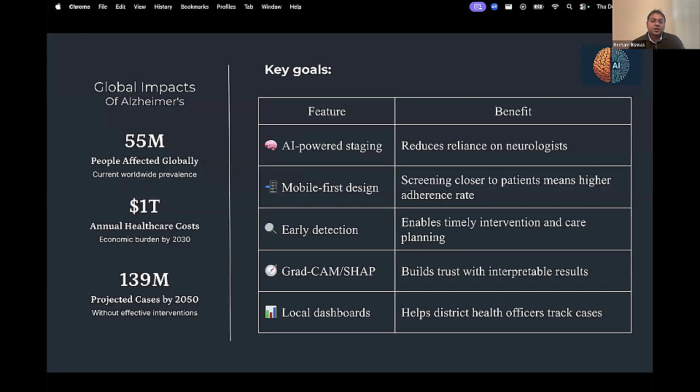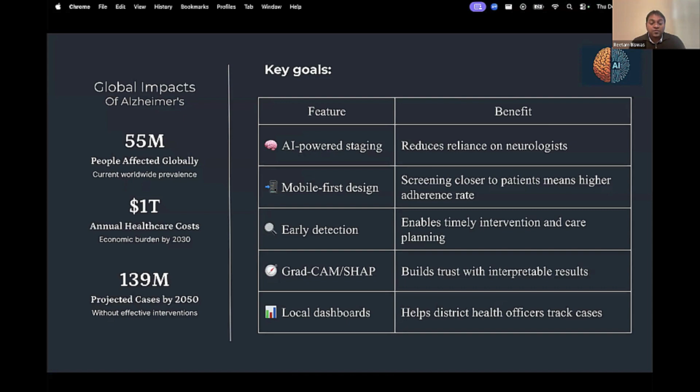All right. So starting with the overall impact we currently have from Alzheimer's. The recent data says around 55 million people are affected by Alzheimer's disease worldwide.